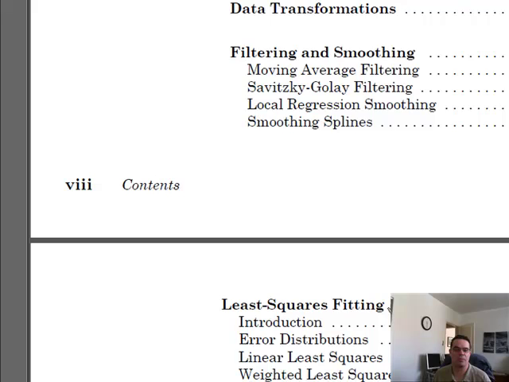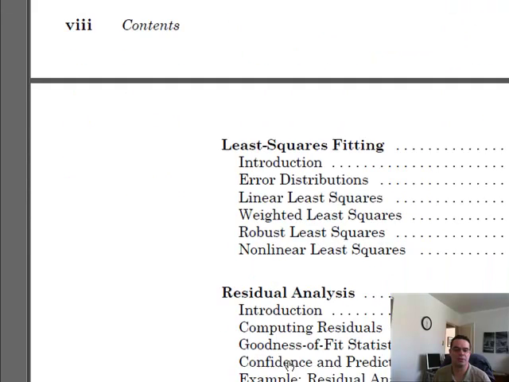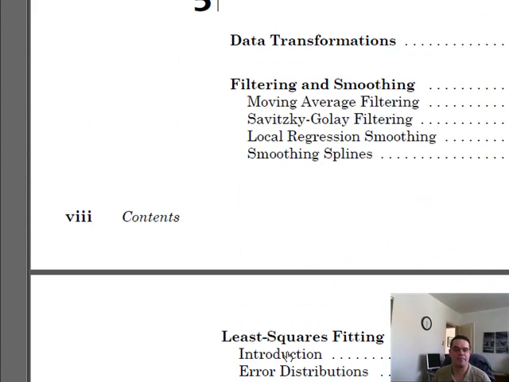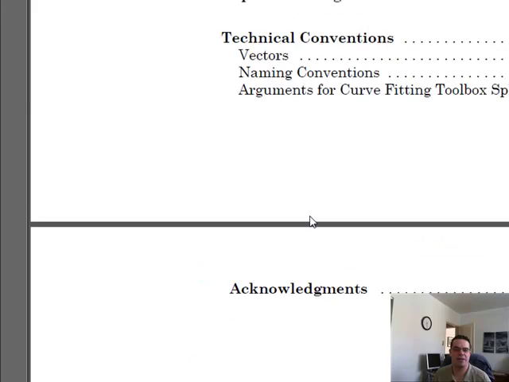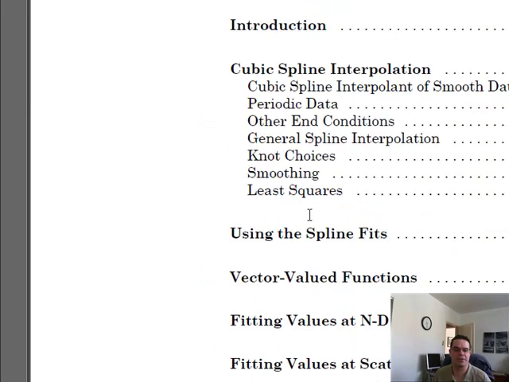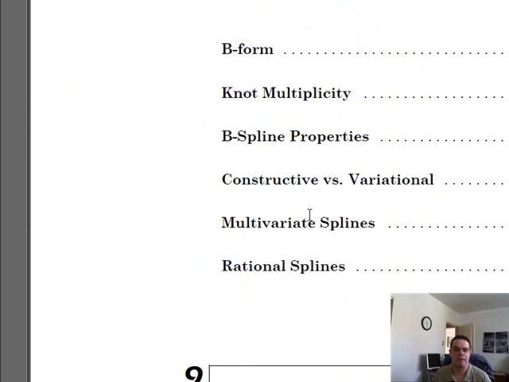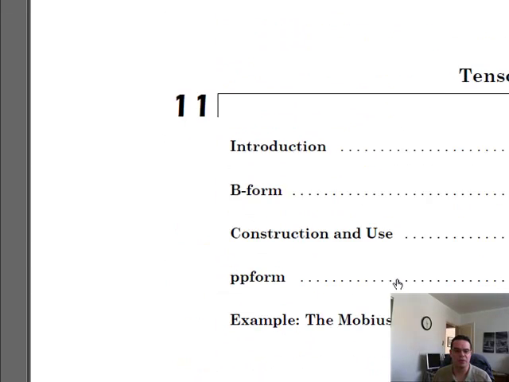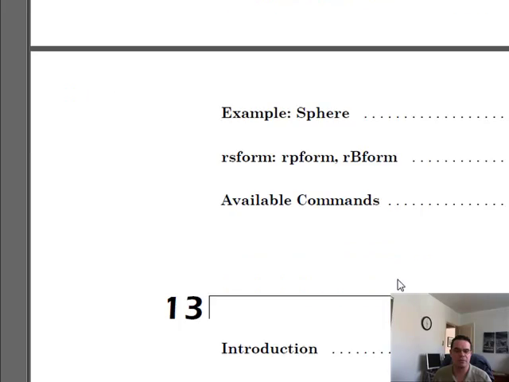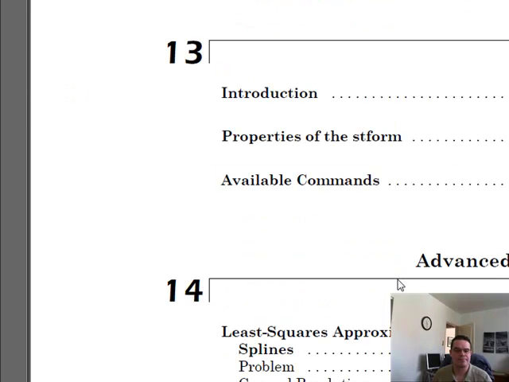Least squares is one of the more popular ones, residual, and no doubt there. Now we get into the spline fitting. I really can't get into that a whole lot because I'm not familiar with it. But I will focus on the spline toolbox down the line.